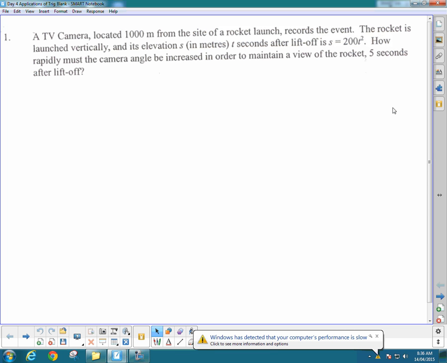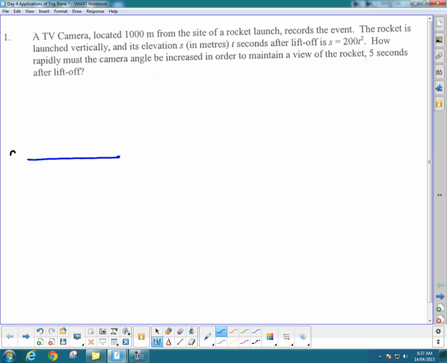In all of these, drawing a picture is huge. Okay, so we want to try and get a decent looking picture here. I'm going to say that the rocket sort of takes off here, and down here is me with my little camera. I have the old-fashioned camera, like that.